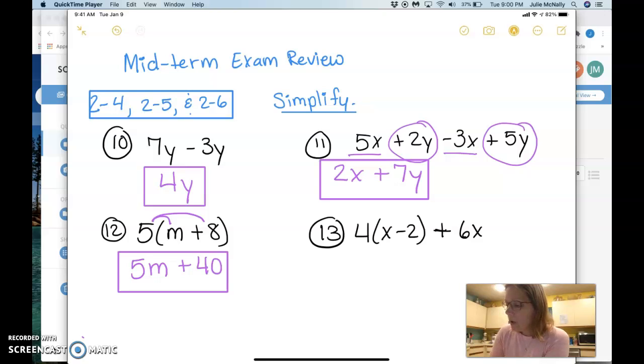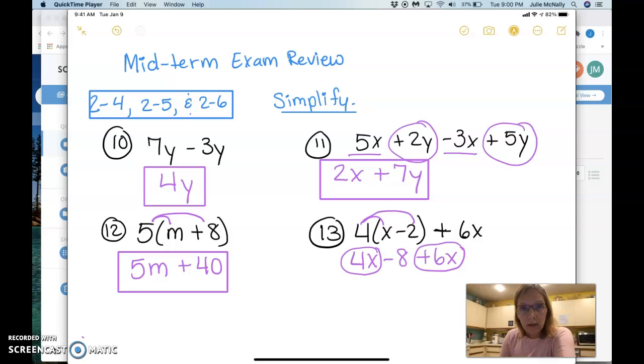And then this one, I have to do the distributive property first, and then I'm going to have to do a little bit more combining. So 4 times x and 4 times -2 is going to give me -8, and I'm going to bring down the 6x. Now I'm going to circle my like terms. I have 4x and I have a positive 6x.